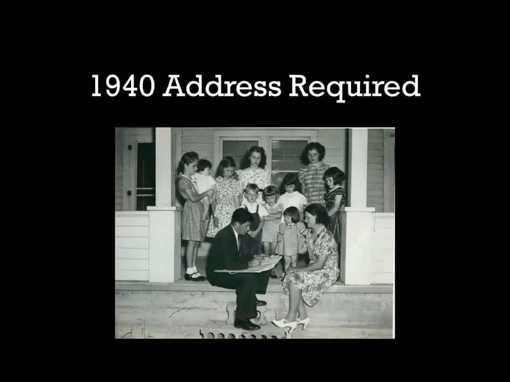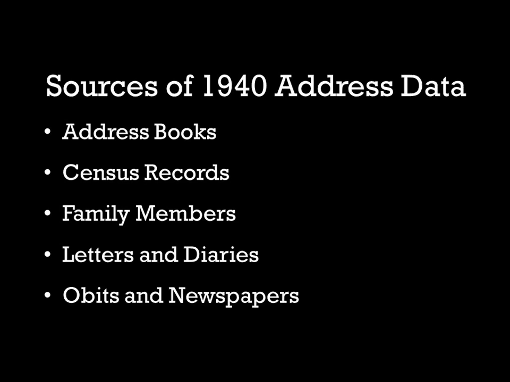So, first thing you're going to need is a 1940 address for the people that you hope to find in the 1940 U.S. Census. Let's talk about some of the sources, and it's important that you maybe write these down, and then between now and 26 days from now, start figuring out who do I want to find and what is their 1940 address, especially as of April 1st, 1940.